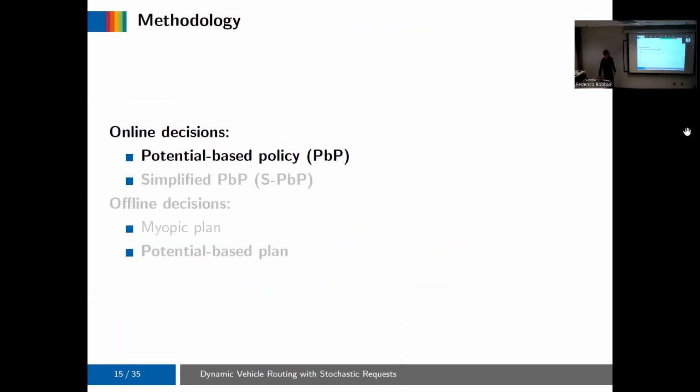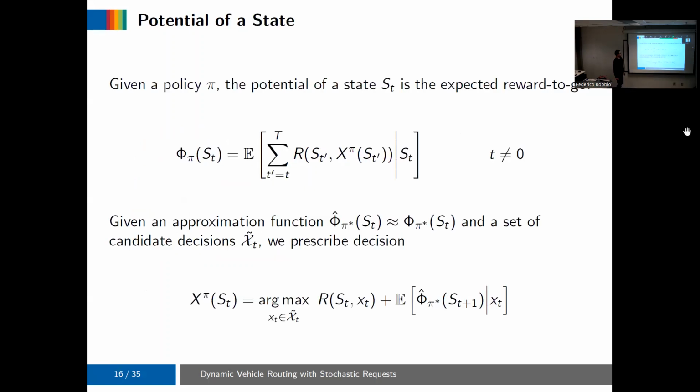For the remainder of the talk, I will discuss this PBP policy, which is the method that we propose to solve this problem and to try to maximize the number of accepted requests. For that, we first define this potential.